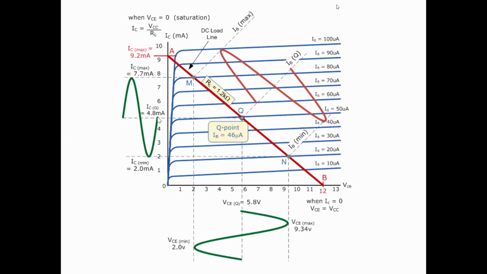It's not exactly midway, but somewhere near midway. Okay, so the quiescent point must be chosen somewhere in the middle of the load line. That is the first point. Now, how do we choose the load line?